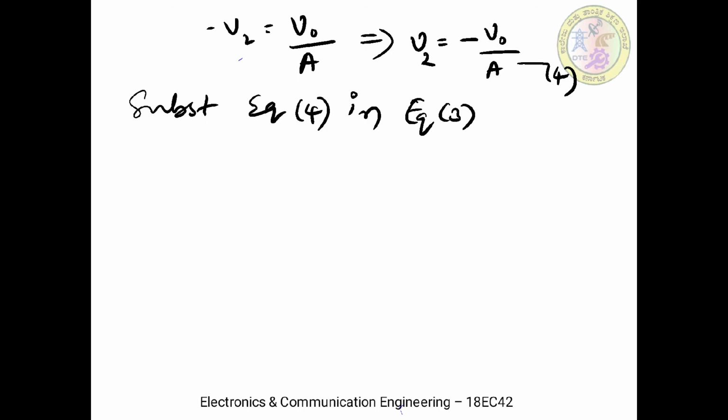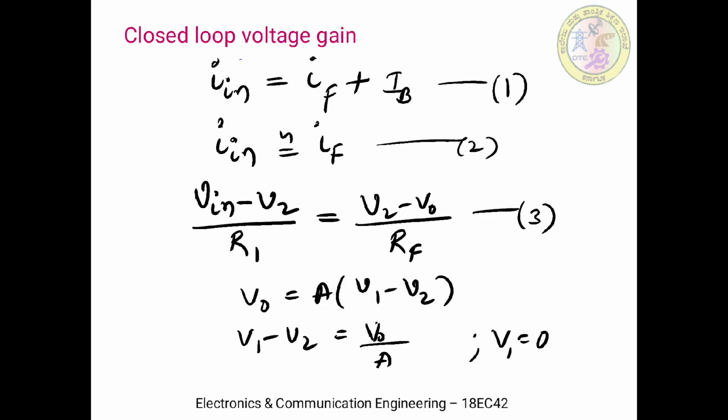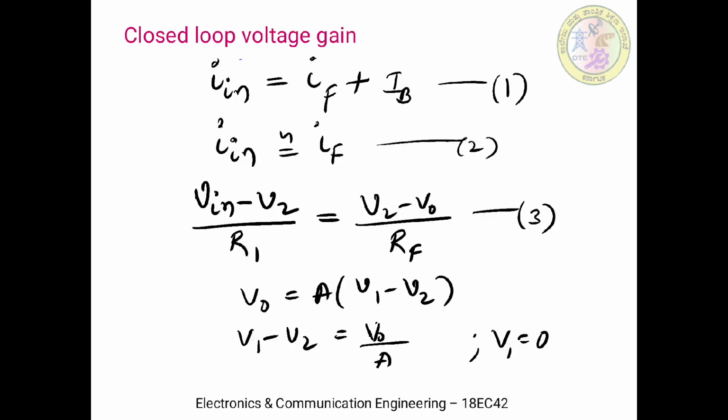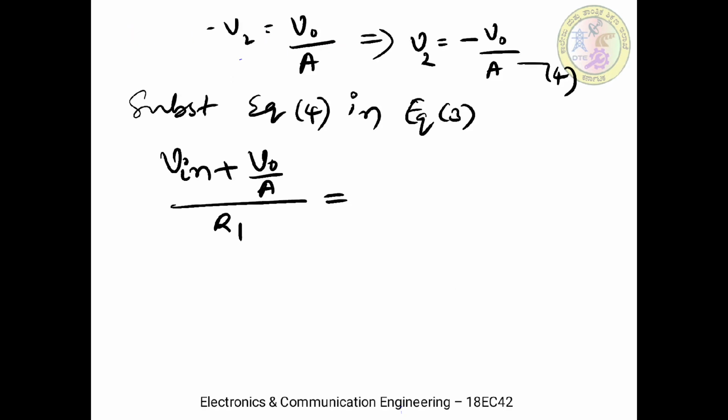We have equation 3 as V in minus V2 by R1, and we know that V2 is minus V0 by A. So the substitution gives V in plus V0 by A, divided by R1, equal to, on the RHS, V2 minus V0 by RF, where V2 is minus V0 by A. Therefore minus V0 by A minus V0 by RF.